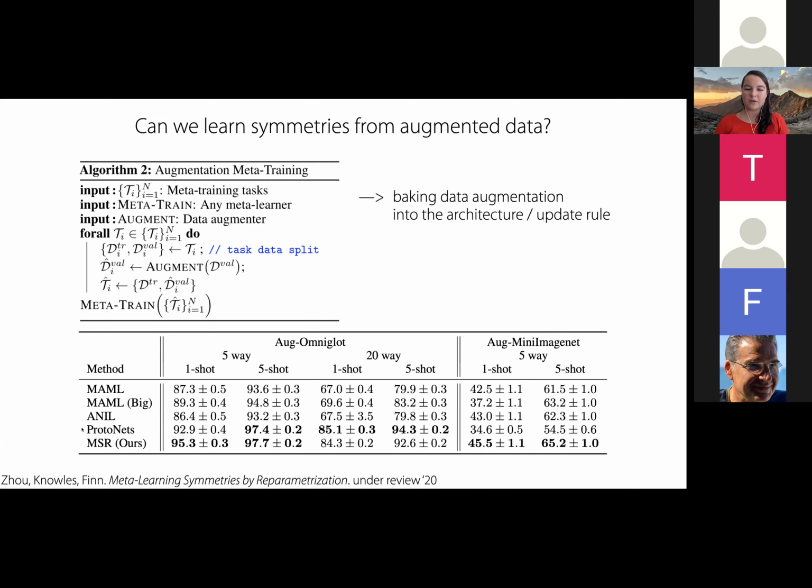Further, we compared to almost no inner loop, or ANL, which potentially has the ability to learn equivariant representations of the input and then learn a linear layer on top of that. But we find that this doesn't perform as well as MSR, which is able to extract the equivariances. And then we also compared to prototypical networks, which is another meta-learning approach, and found that we perform somewhat comparably or better in the different settings.